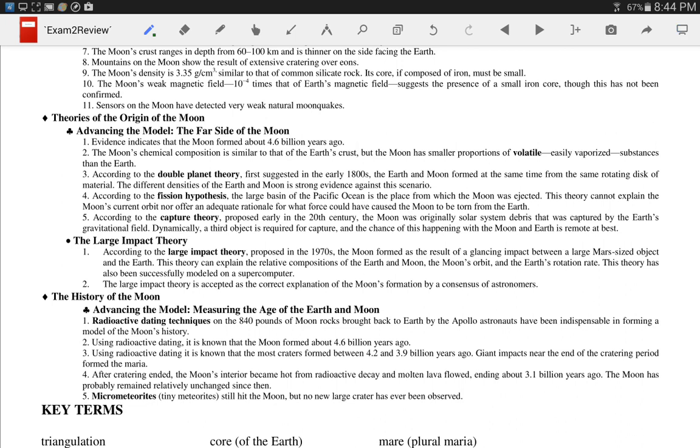It's not like you only get one theory thrown out. We examined the predictions of the different theories, and it was determined that the only one that seems to make sense is that there was a large impact between the Earth and another object, maybe something the size of Mars, that broke off a bunch of the Earth. It was orbiting the Earth, came together to form the moon.